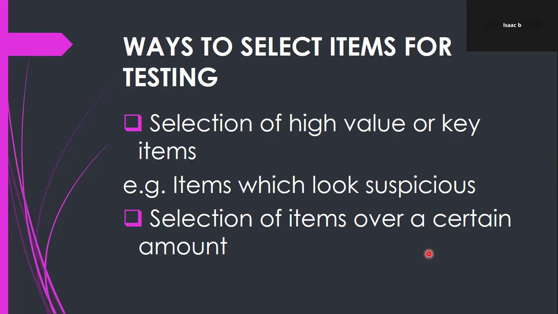So now, ways to select items for testing. This is just for knowledge's sake. I don't think they examine this, but the auditor can select high value or key items, so items which look suspicious. If they are about to carry out substantive testing, there may be some invoices which look suspicious according to the auditor's view. Maybe the amounts are too large, or the frequency of payments is too quick.